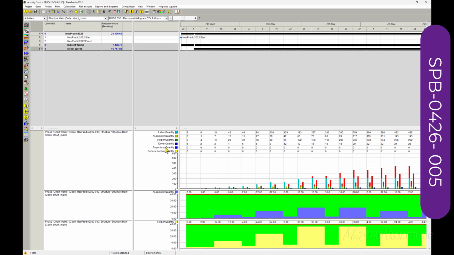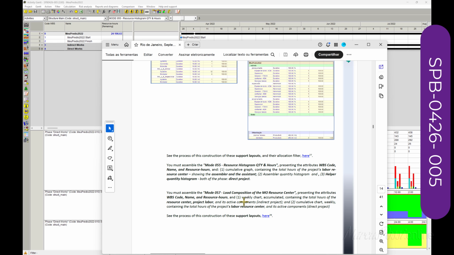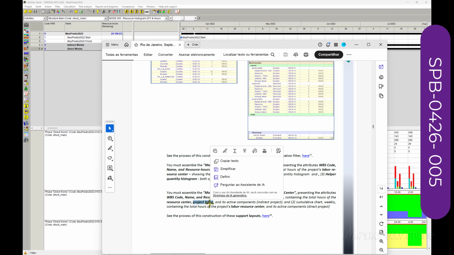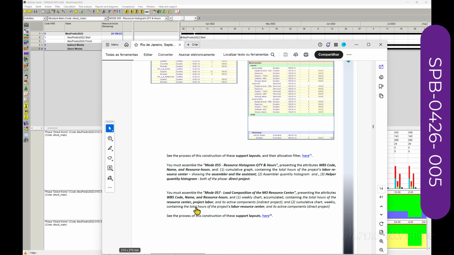Assembler, helper, driver, supervisor, and general service appear here, but we are not asking for them in our exercise. We just asked for resource center, project labor, for indirects, one for accumulating, containing the total of the center project labor and its active components.